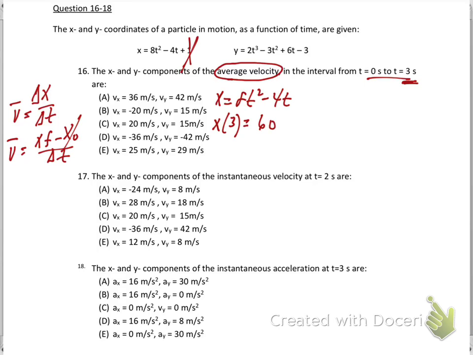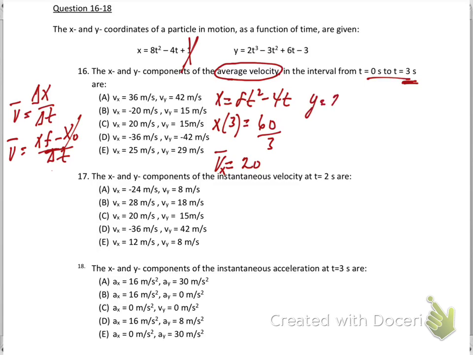Remember, that's 60 meters over the change of time, which is divided by 3. So the average velocity in the x direction is 60 divided by 3, which is 20 meters per second. Let's take a look at y.